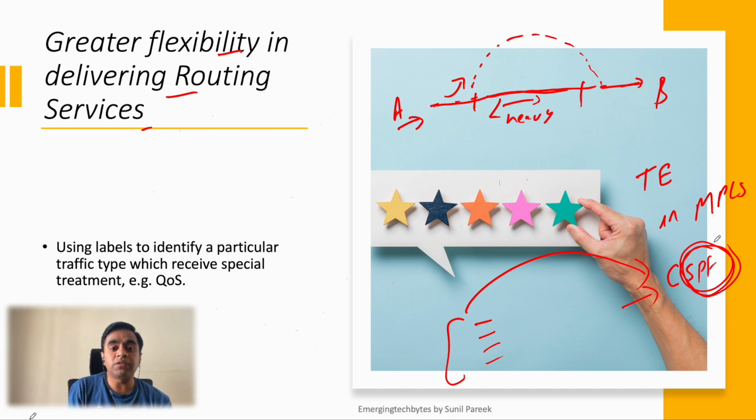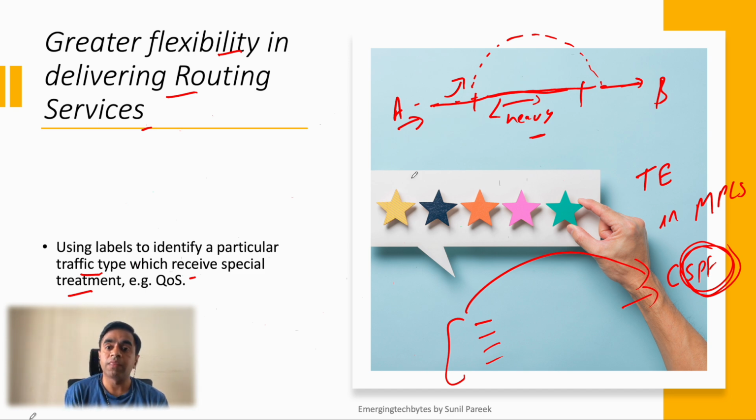So, using labels to identify a particular traffic type which receives some sort of special treatment. Here, A to B, we want to reach faster. But if we take this path, we will get stuck in traffic. So, we took this dotted path. You can call it quality of service also, where you can send the traffic on different paths depending on what quality of service they have signed up for.